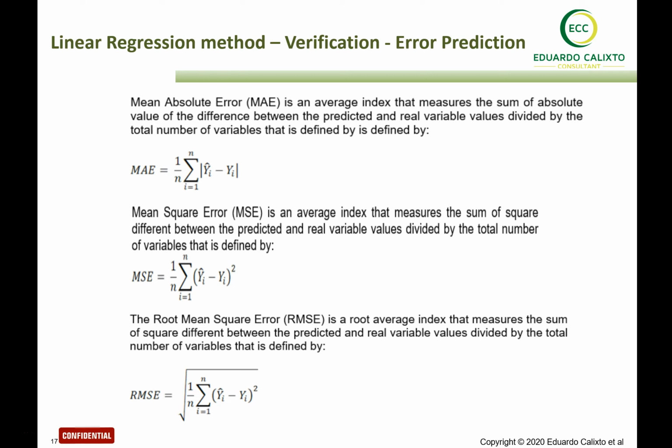Then, of course, we can compare the error of each model by comparing the values that they predict with the real values, and then choose the method that has the lower error in this prediction.